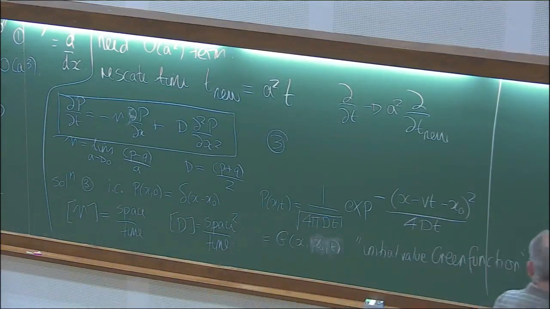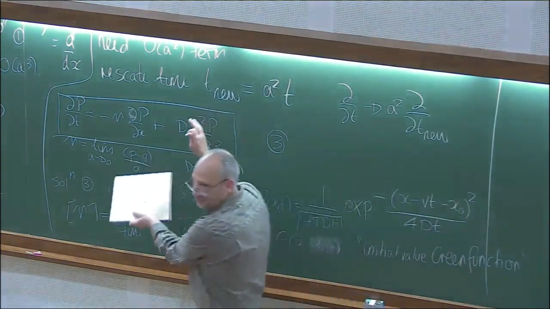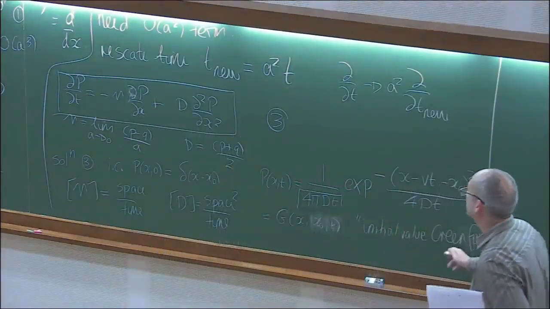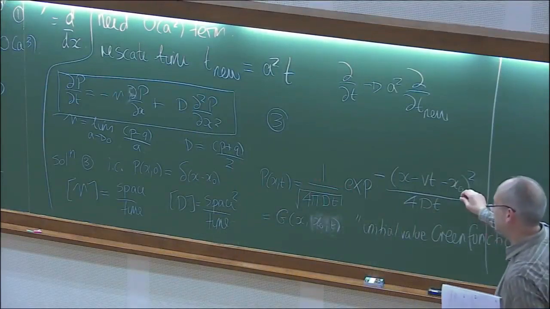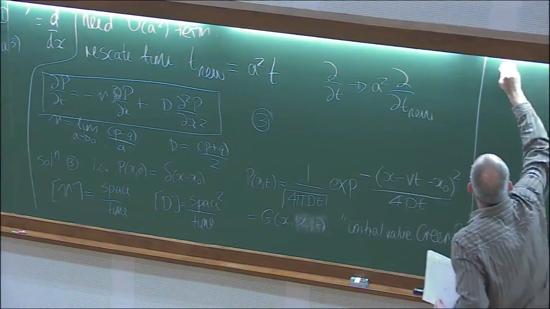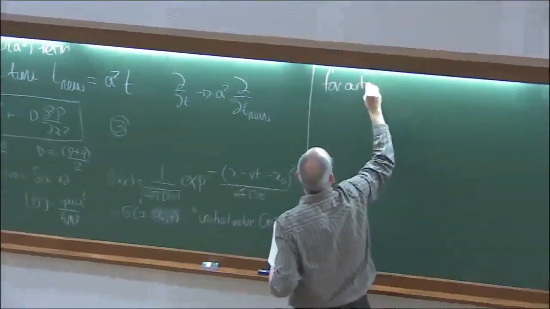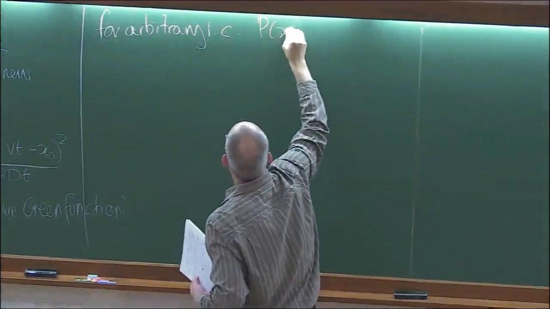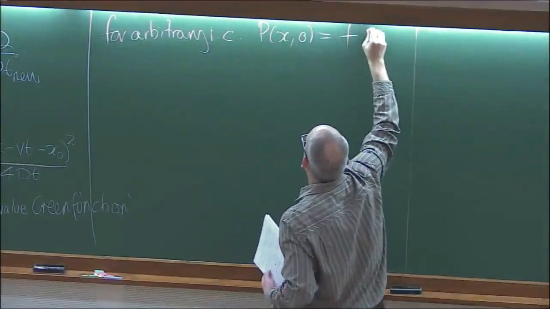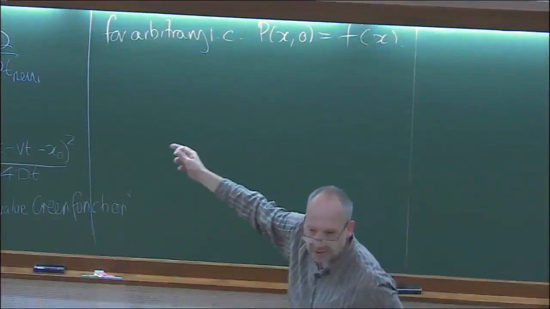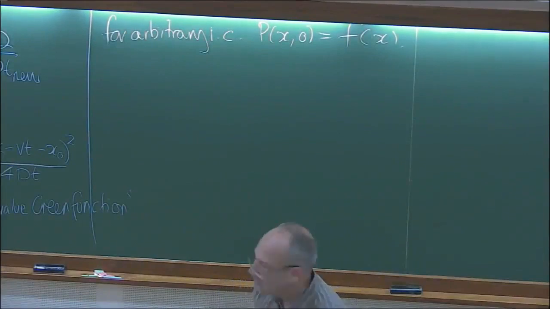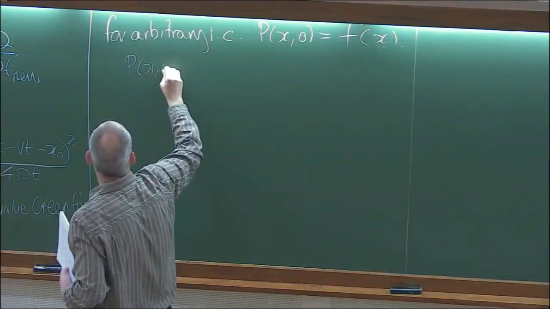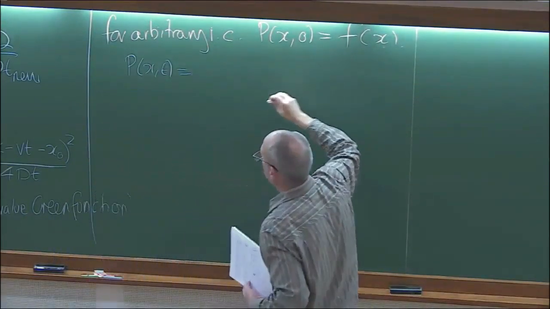Okay, so let's now concentrate on the diffusion equation. So this is the Green function, and you can check it's the solution. The nice thing about the Green function is that for an arbitrary initial condition, say my probability at time 0 is some arbitrary function, which should be positive, of course, it's a probability, and normalized, let's say it's f of x, then at time t all I do is integrate using the Green function.